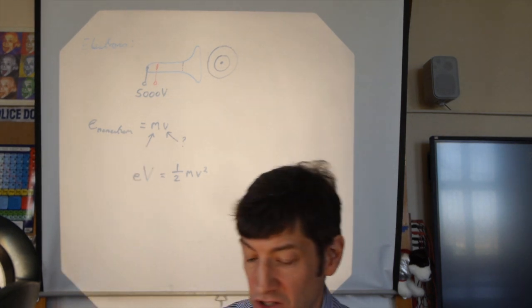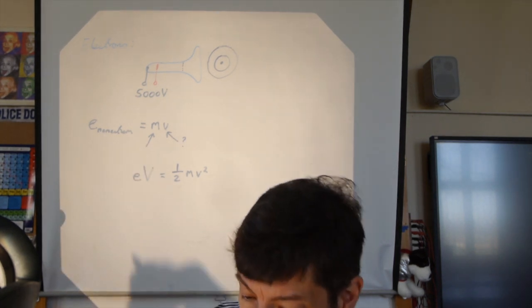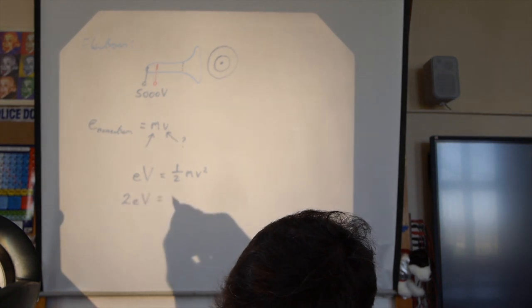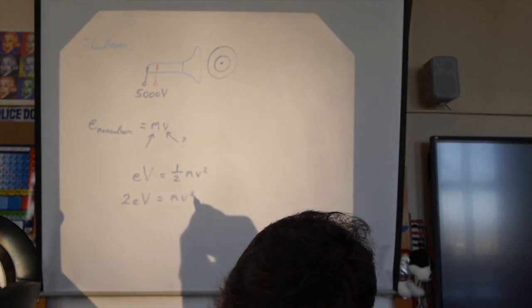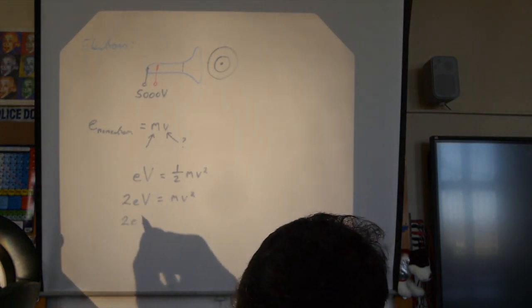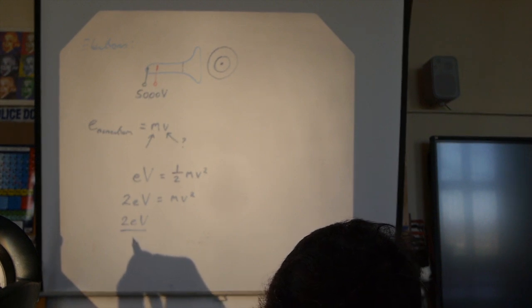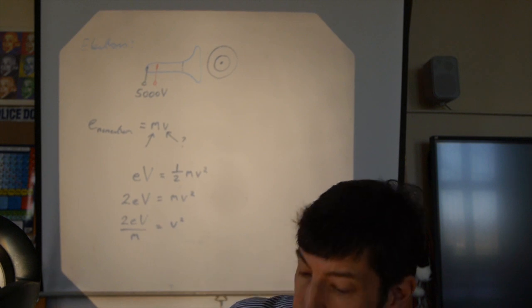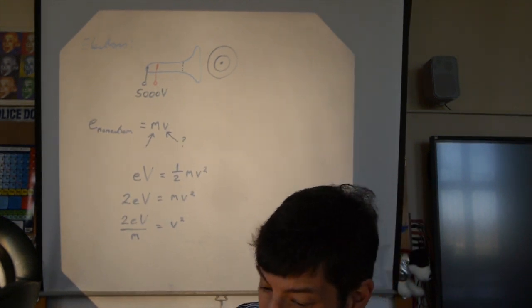Now, there are clever ways you can solve for the momentum, but just have a look at this. 2eV is equal to mv squared. So 2eV over m will be v squared. And then I'll put it over here.